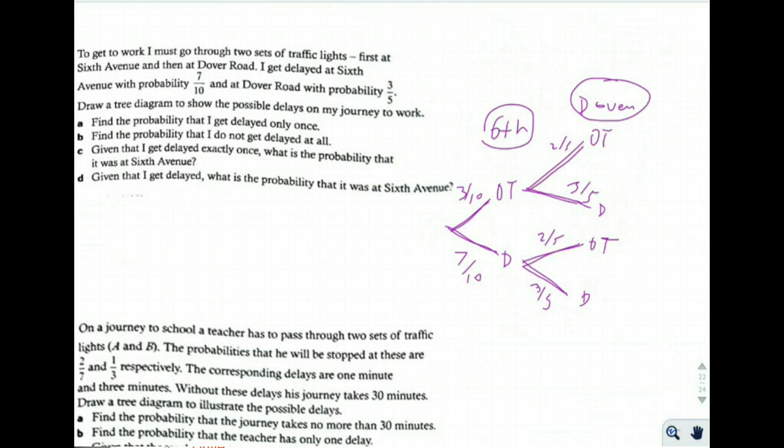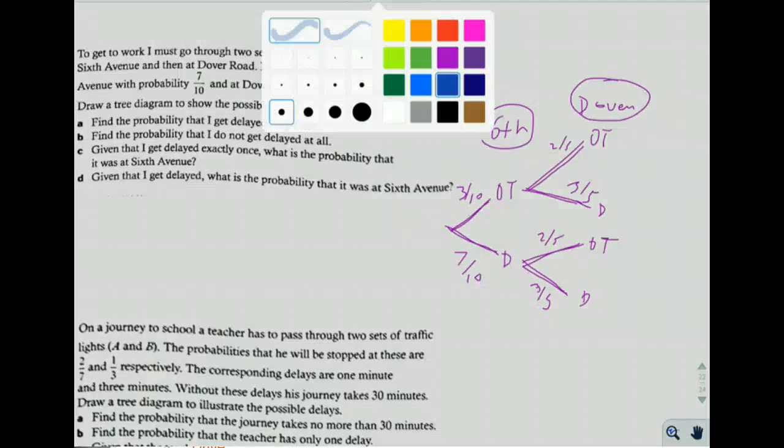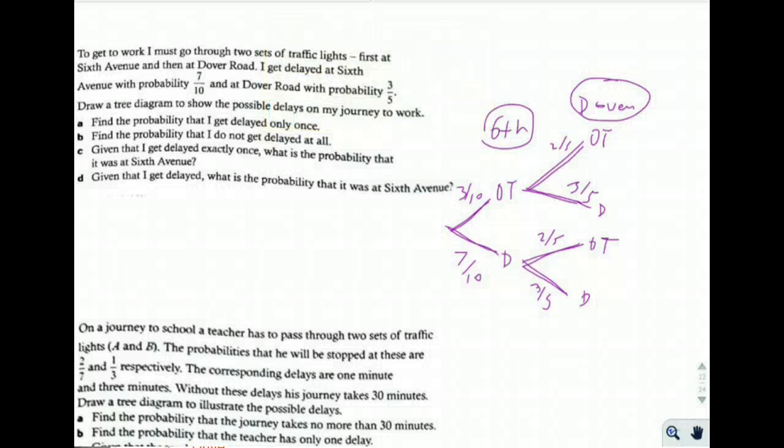Now it says find the probability I get delayed only once. So that would be one delay here or one delay here. So those are the 2 possibilities. That would be 3/10 times 3/5, and this would be 7/10 times 2/5.